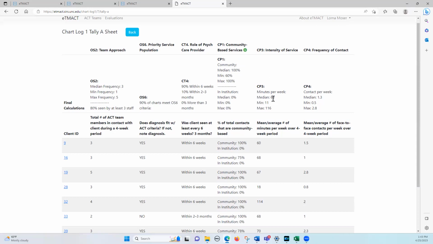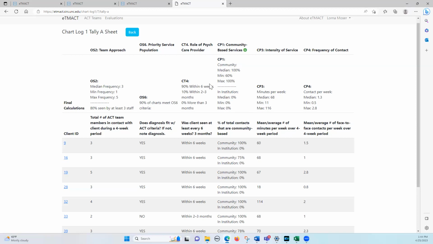For this team, the median was 68 minutes. For community-based services, community here is defined as non-office. So here, the median was 100%. We tease out as a subset institution in case that's of interest. This team was not seeing people in institutional settings.